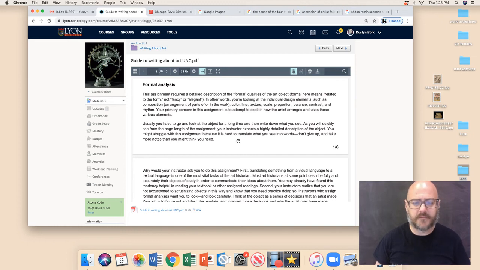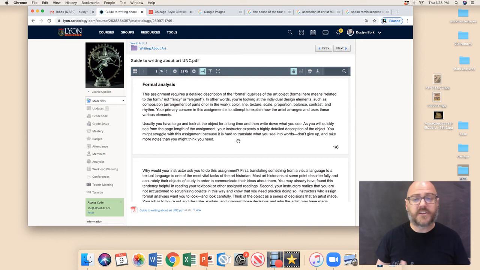And then describe the visual elements like line, shape, value. You could say light values, dark values, tints, shades, texture. You could say it appears to be smooth, it's rough, it's tactile. And also color. You could say it uses pastels or it uses bold primary colors. You can really talk about the color scheme.